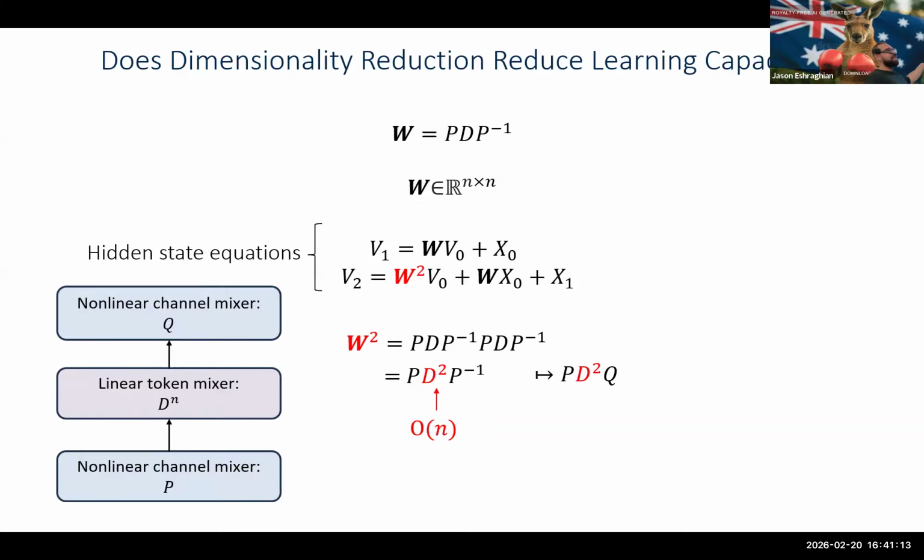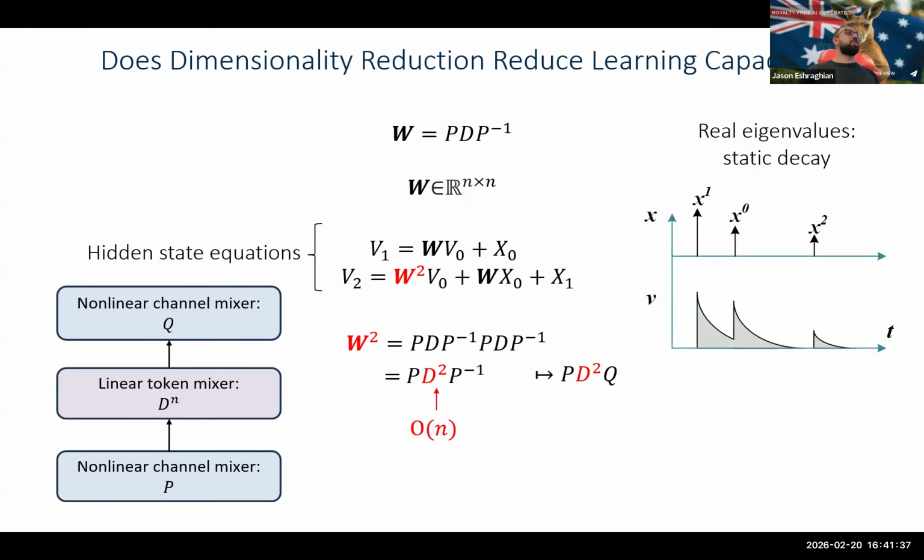You've got a channel mixer, or just a dense layer, that's P. You've got a token mixer, or your RNN layer, that's your diagonalized vector SNN-looking beast, your D to the N, followed by another nonlinear channel mixer. Compress all of these together and you bring back the same representational capacity of a fully dense RNN. By doing that, you're able to preserve all of the learning capabilities and not lose anything. So we don't need to worry too much about this.